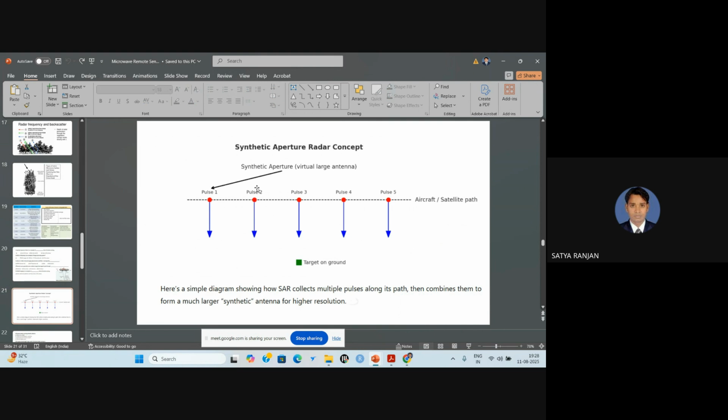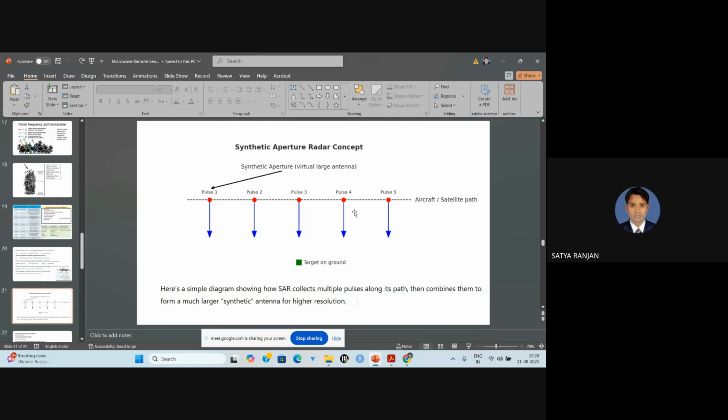Generally, why do we call it synthetic aperture radar? What is the synthetic aperture? Because the antenna in the sensor in the satellite is very small, it creates a virtual antenna. A large antenna is created virtually so that a larger coverage of the area can be detected.